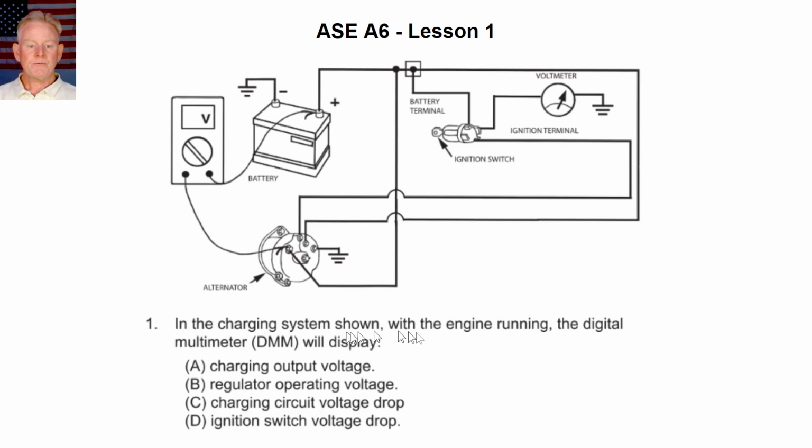In the charging system shown with the engine running, the digital multimeter will display: A. Charging output voltage, B. Regulator operating voltage, C. Charging circuit voltage drop, or the last option, D. Ignition switch voltage drop. Okay, what do you think?